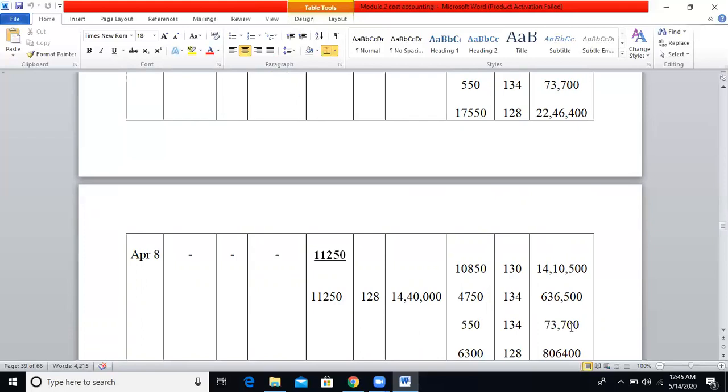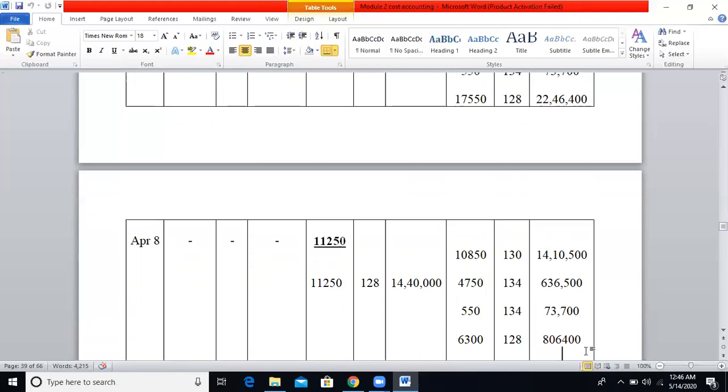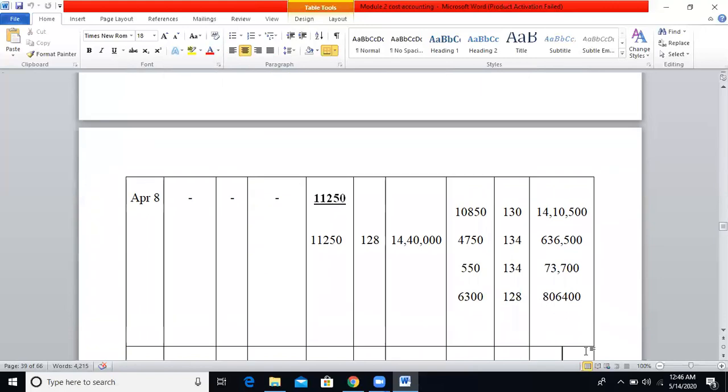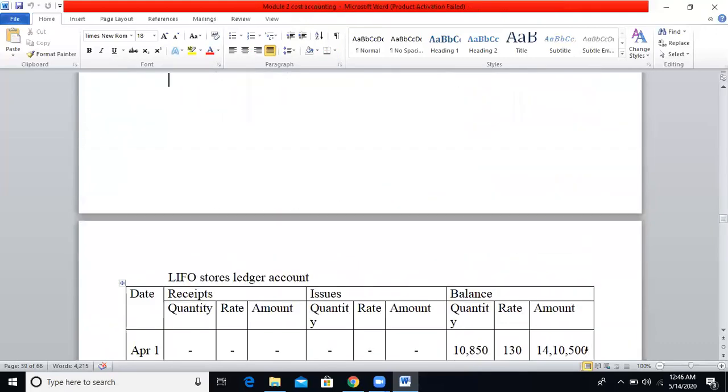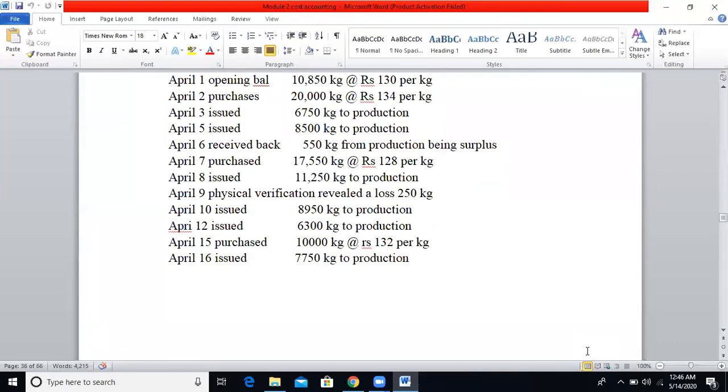The total value will be 73,700, and the new purchase, that is out of 17,550, now we have issued 11,250 units. The remaining balance is 6,300 units at the rate of 128. So if you multiply these two, you will get 8,06,400. See, whenever you are doing the LIFO method, you have to issue the goods or materials from the last balance prevailing in the balance column, or from the latest purchase price.